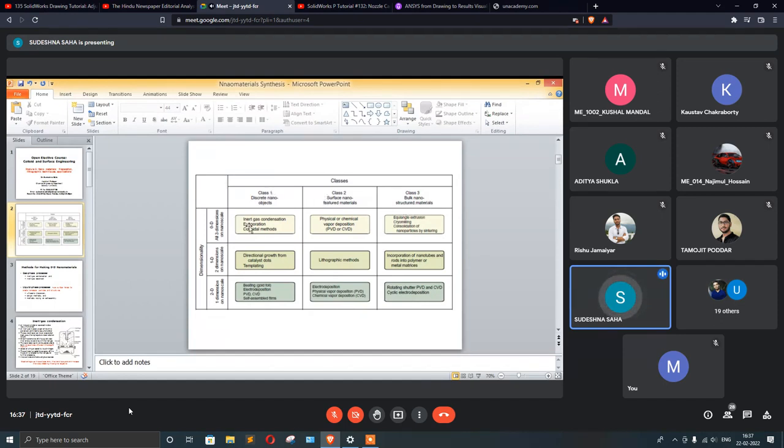The first box is where you are trying to make nanomaterials which are discrete objects, like the nanoparticles we have talked about, because 0D, if you remember, are basically nanoparticles, where all the dimensions, x, y, z, fall within the nano range, that is, within 1 to 100 nanometers.